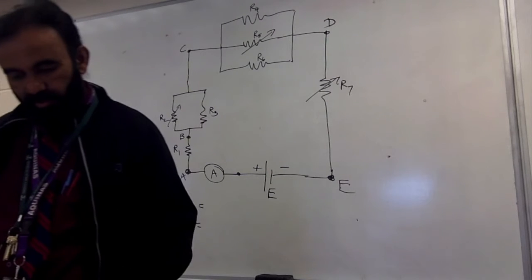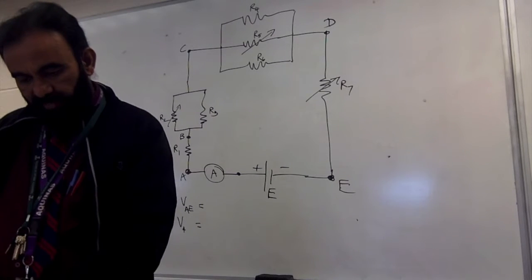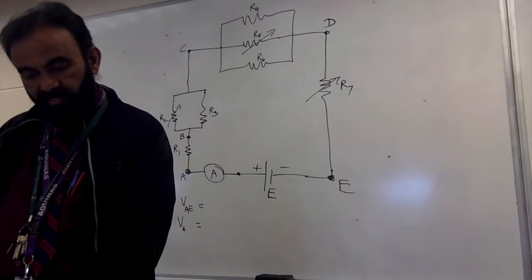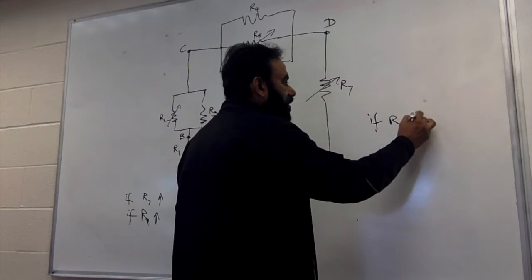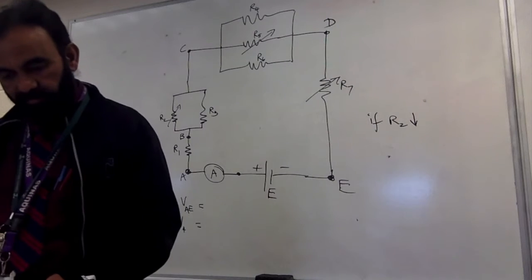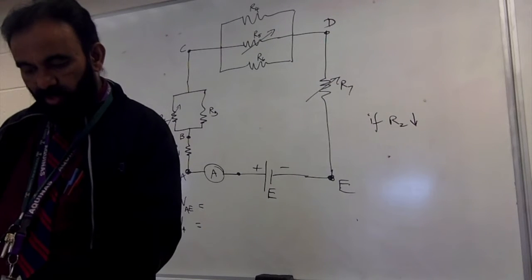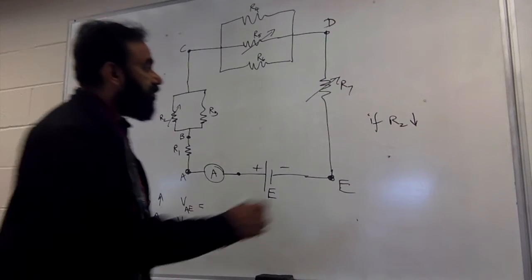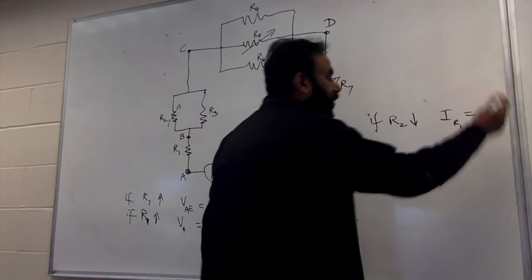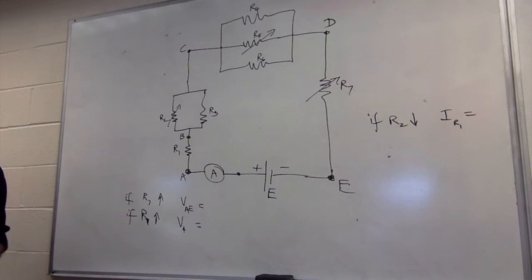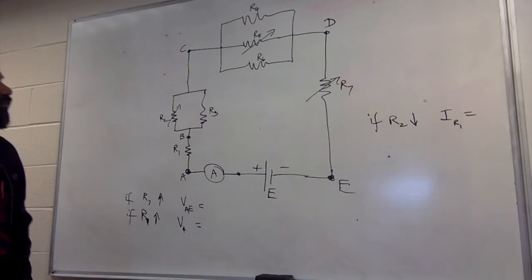The next one, the fourth part, is if R2 decreases, the current through R1 becomes what? R2 decreases.